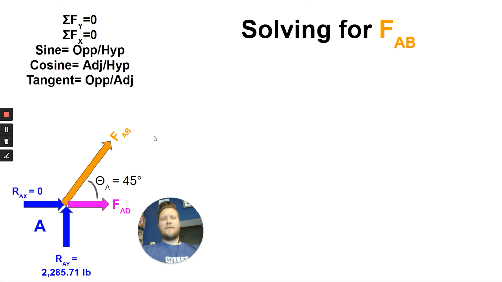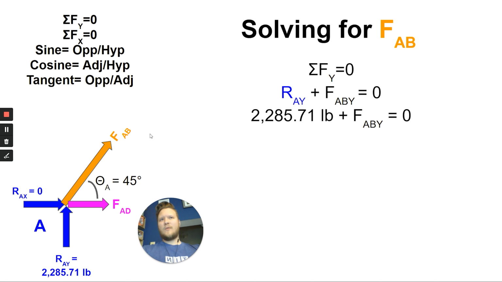So what I do first is I solve for that FAB y component in the y direction. I plug in that I know RAY is 2,285.71 pounds, and that's positive because it's going up. So that means FABY has to be negative 2,285.71 pounds for things to cancel out and equal 0.